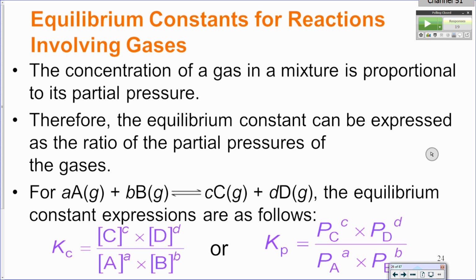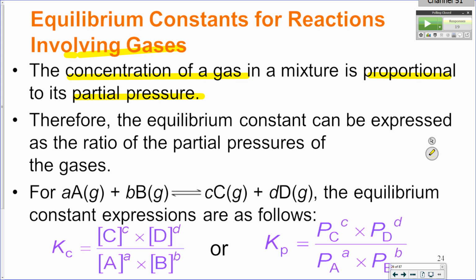You're still going to get a chance to do some more of these. We have to think about it slightly differently when we have gases. So when we have reactions that involve gases, how do we deal with the gas? Gases can be described with molar concentrations, but it's hard to measure the molar concentration of a gas. What we typically do is measure its pressure, and we know pressure is related to the concentration.